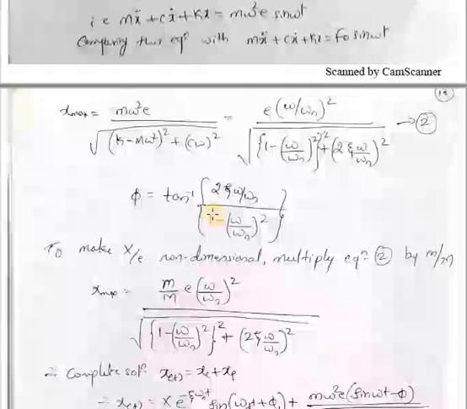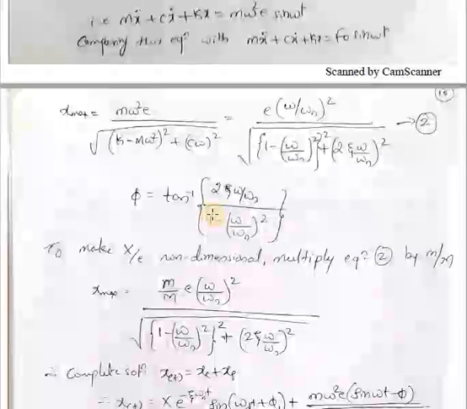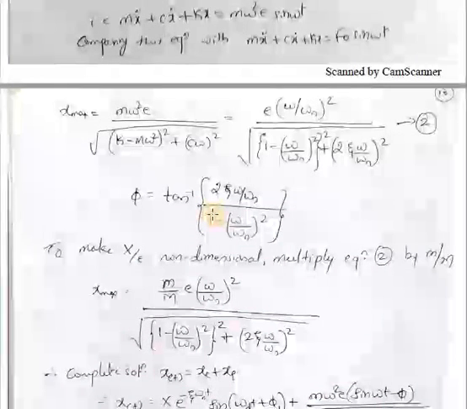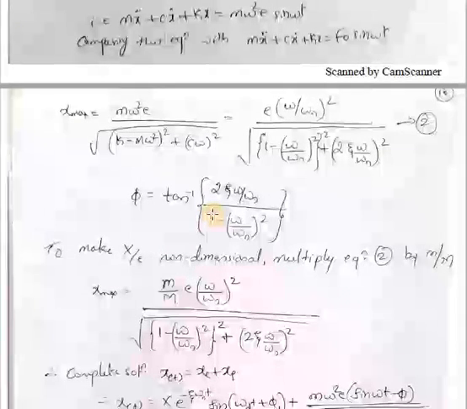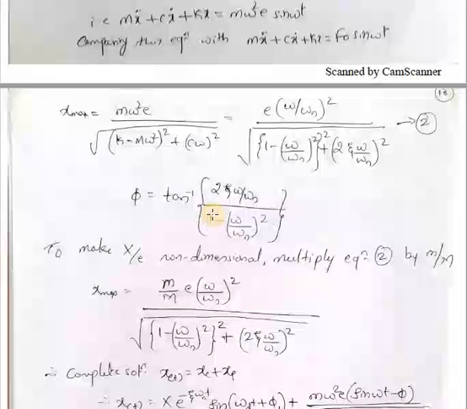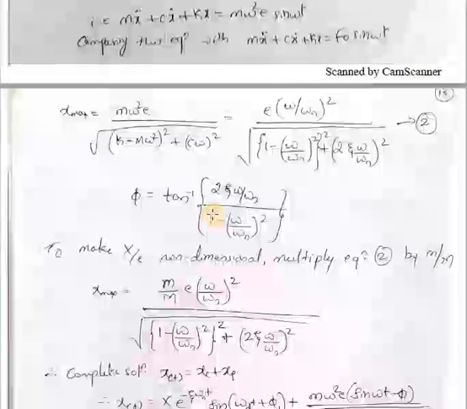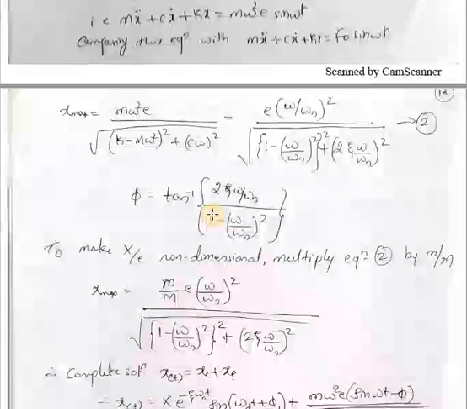To make x by e a non-dimensional term, we can multiply that equation by M by m. If we multiply, we get x max as m by M into e into (omega by omega n) whole square divided by the root of (1 minus (omega by omega n) square) whole square plus (2 zeta omega by omega n) whole square.